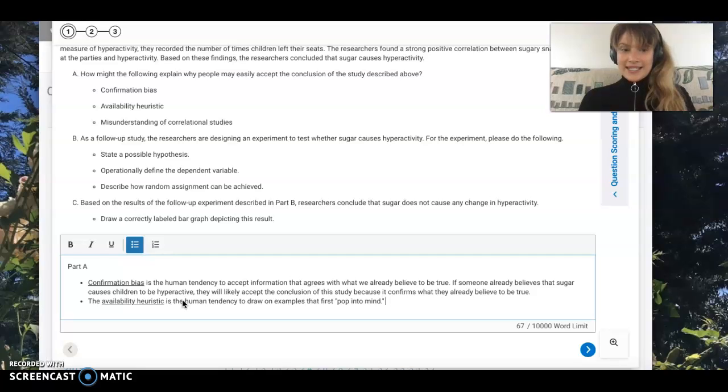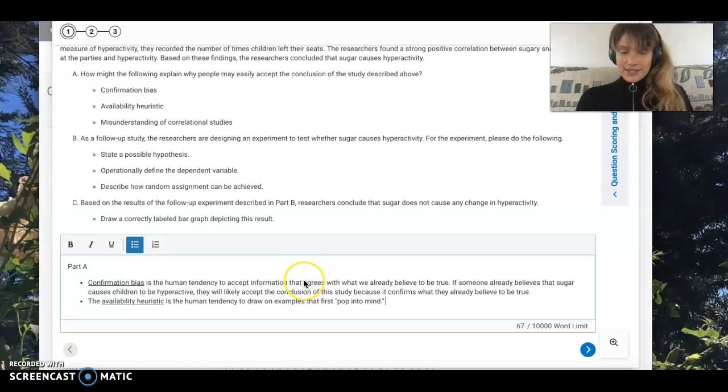And these things can be easily available to us for many different reasons. It could be they were a particularly emotional or vivid experience. If you had a really intense experience of something, then you're going to use that for the rest of your life to form the way you think about the world and make decisions, because it will be at the top of your mind and easily accessible.